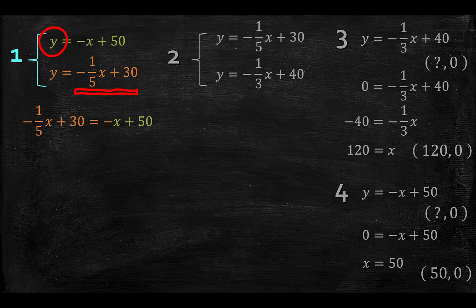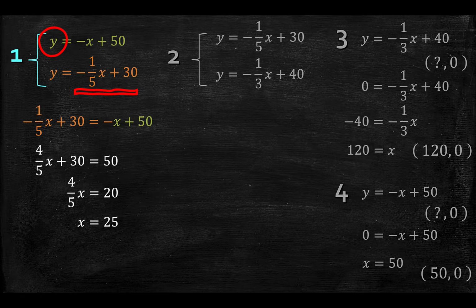It's going to work out this way pretty frequently if you solve for y to graph them first, so it's a good option. But to solve this, I could add x to both sides, or add 1x to both sides. Remember, 1 is 5 over 5, so common denominator, I get 4/5 x. Let's also subtract 30, and then multiply by the reciprocal of 4/5, 5 over 4, and we'll get x is equal to 25.